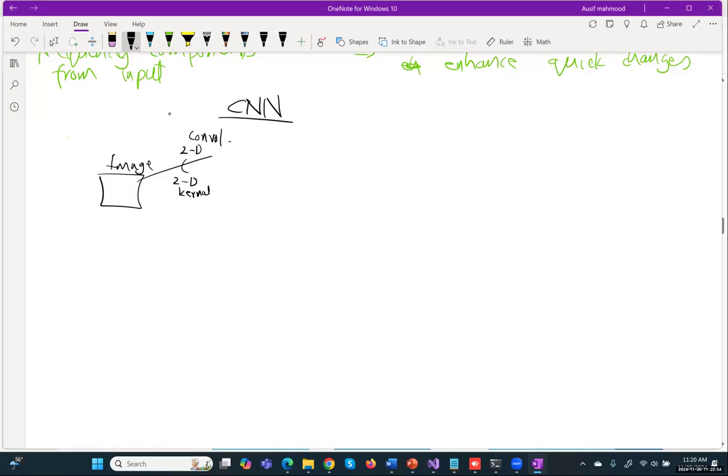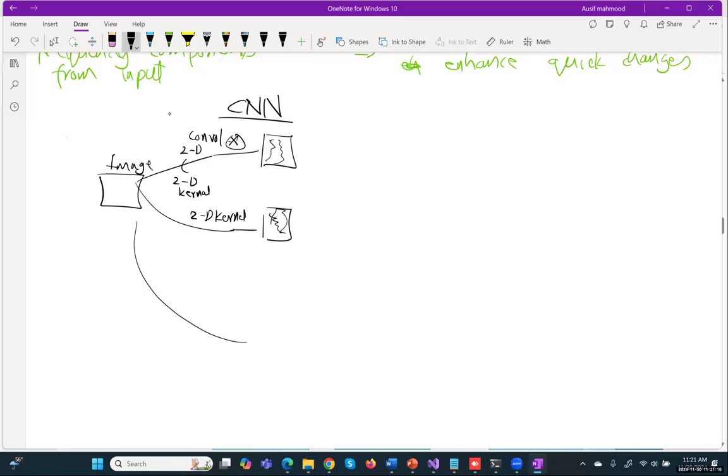As we do the 2D convolution to the image, it will produce a transformation of the image, right? We will apply another 2D kernel to it. It will produce another different image, just like I was showing you the image of the cat.